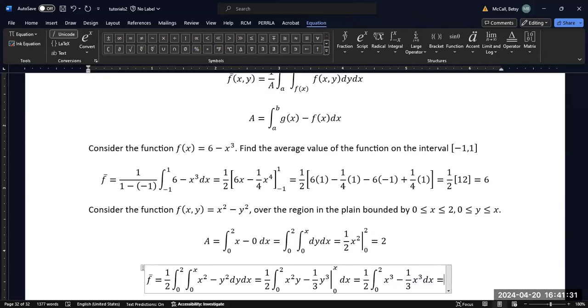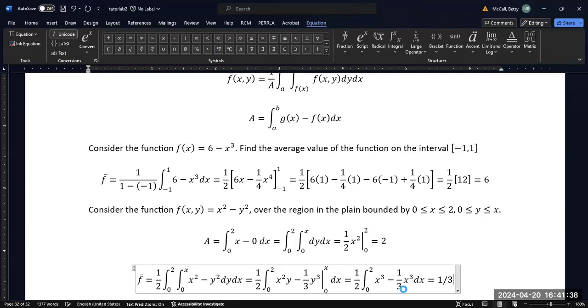And 1 minus 1/3 is going to be 2/3. And the half and the 2/3 are going to cancel, and they're going to give me 1/3.